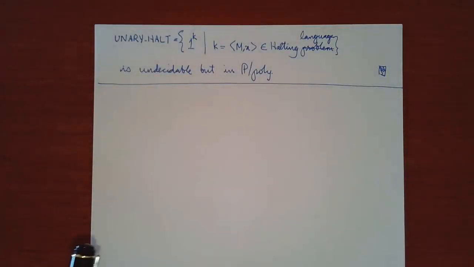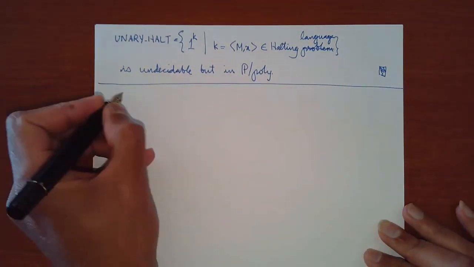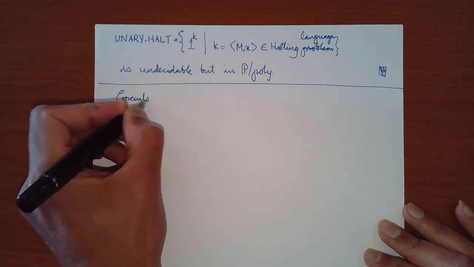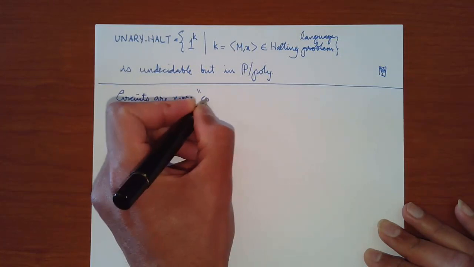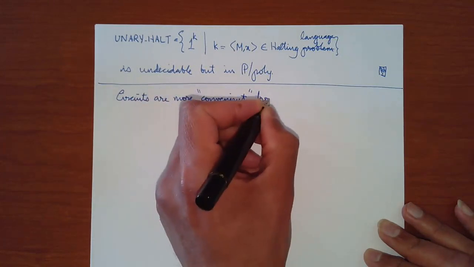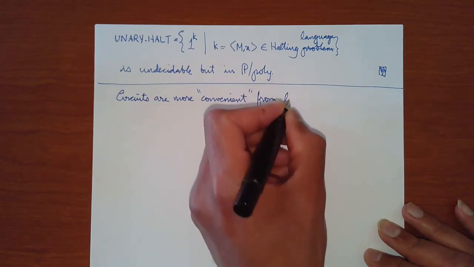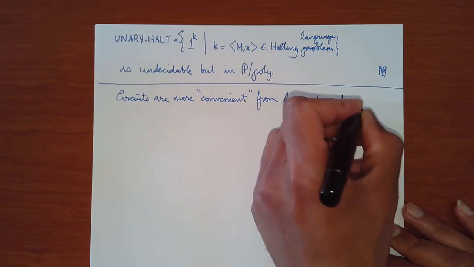So circuits are in some sense a more convenient model for lower bounds, or at least it is believed.